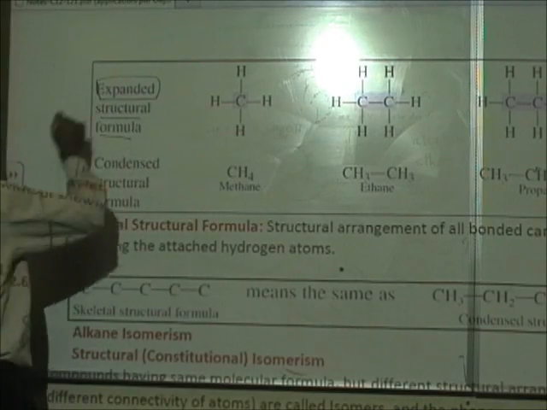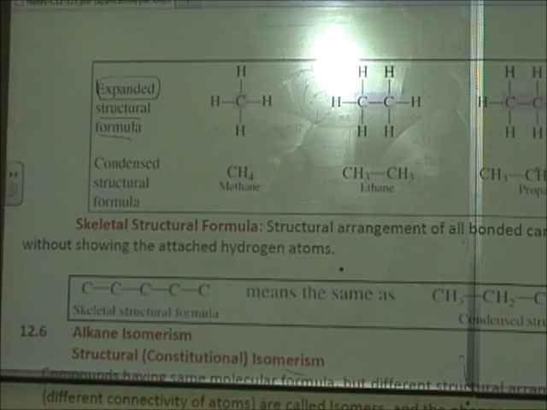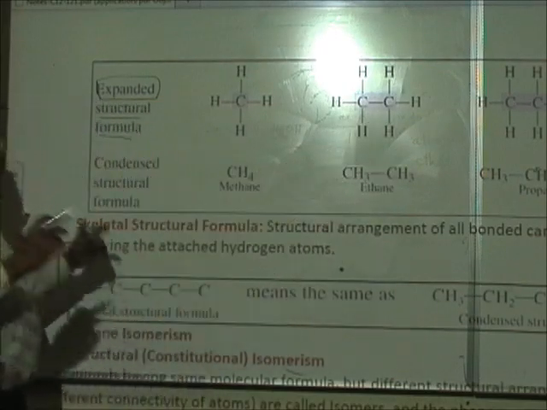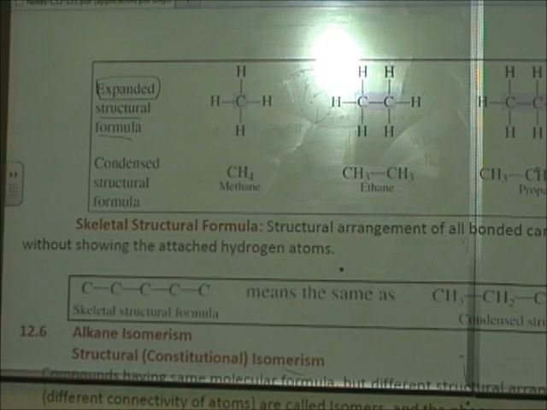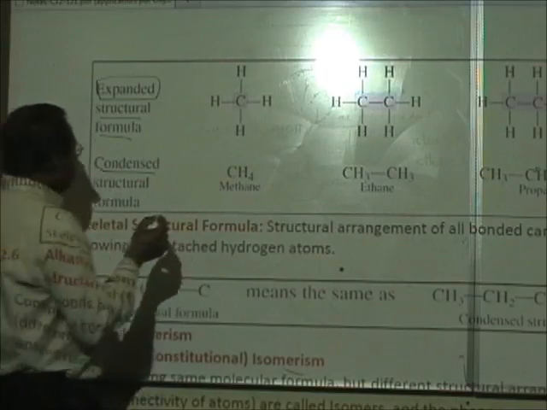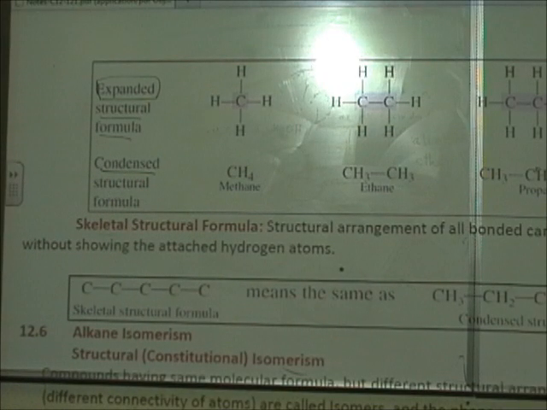Sometimes we call it expanded. Right. Expanded means everything, all the bonds are shown. It's more detailed. It shows a lot of detail. That's the structure. Condensed means you don't show all the bonds, but you're trying to show some of the connectivity, right?